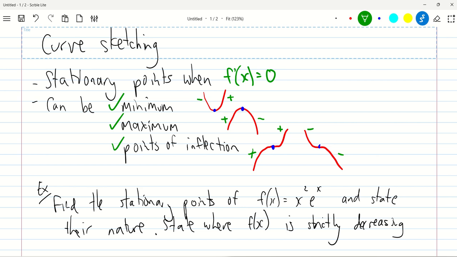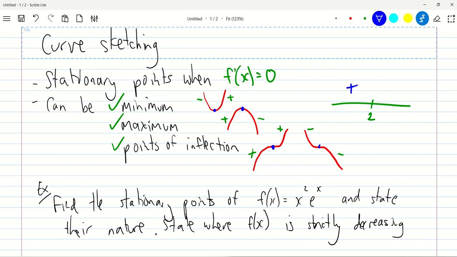And so what we can do, if we know a certain turning point, let's say that there's a turning point when x is equal to 2, we can think, well, what's the gradient to the left and the right of that point? Let's do a quick example. If we find out the gradient is positive to the right of it and negative to the left of it, we know the shape will be like that, a negative gradient and a positive gradient.